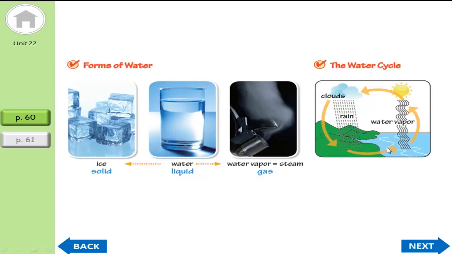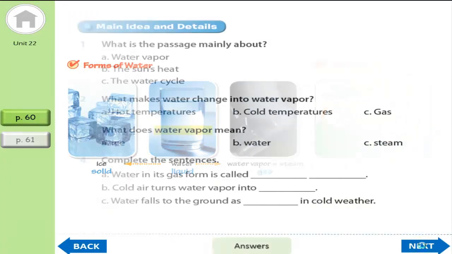When the water becomes water vapor, becomes clouds, and rains on the land again and again, we call it the water cycle. So please remember the forms of water can be solid, liquid, and gas. Okay, now let's continue to the next page.